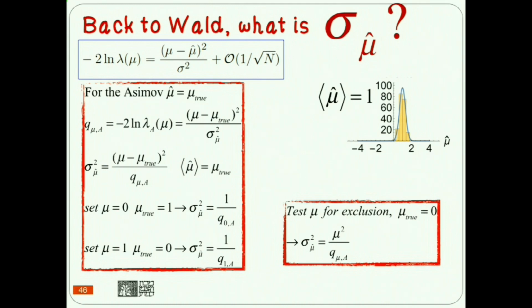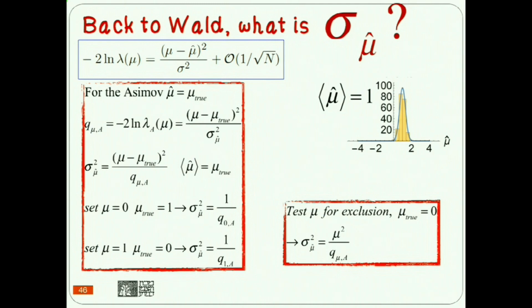For the Asimov dataset, by definition, mu hat is simply mu true, because that's what I substitute. So for the specific Asimov dataset, the sigma does not depend on mu hat, it depends on mu. Mu hat distributes like a parabola, but the sigma of the parabola depends on the tested hypothesis.